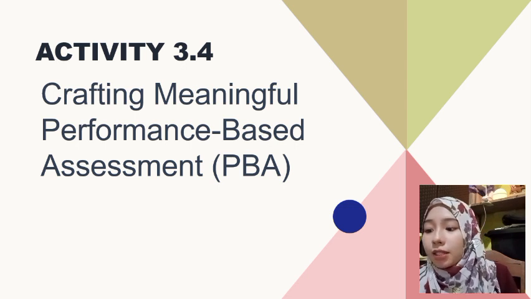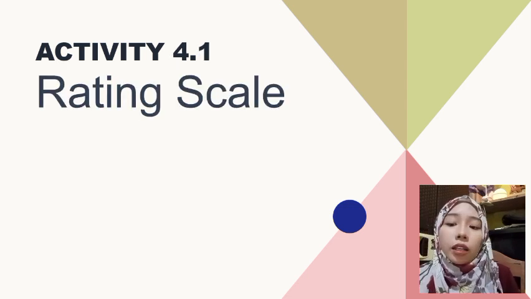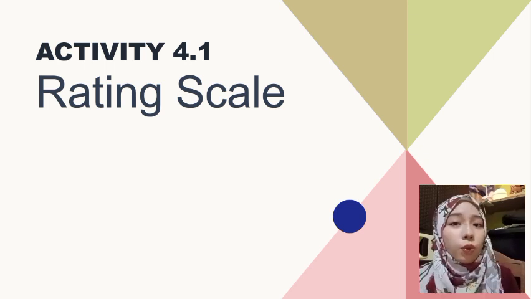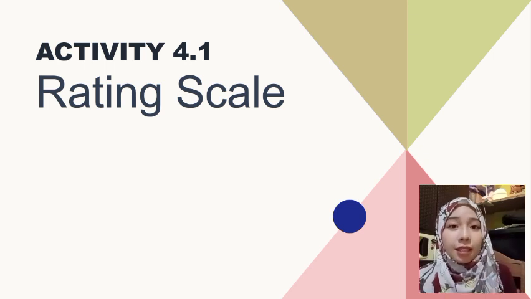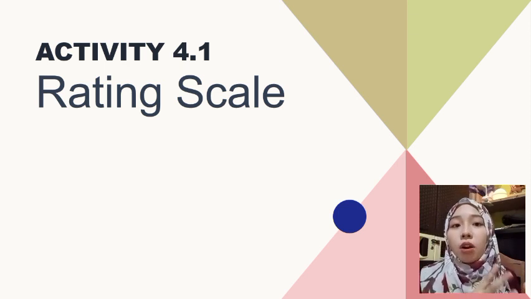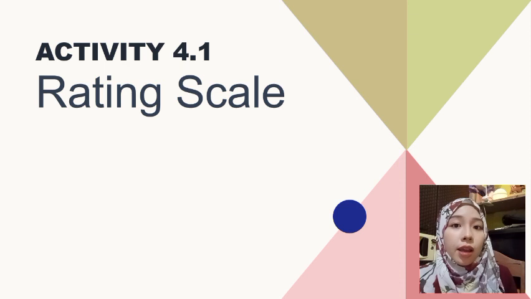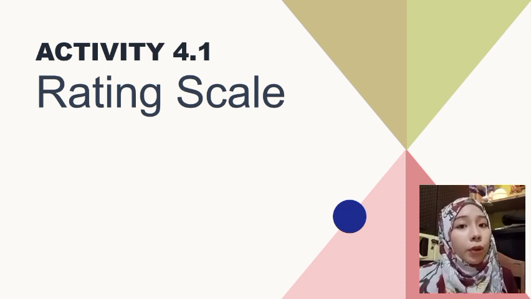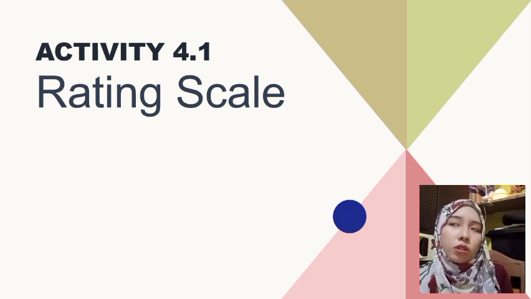And for our next activity, we have activity 4.1, the rating scale. When we say rating scale, class, it is a close-ended survey question used to represent respondents' feedback in a comparative form for specific particular features, products, or services.